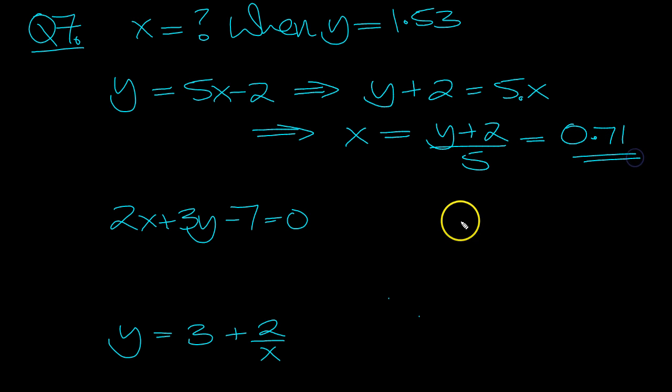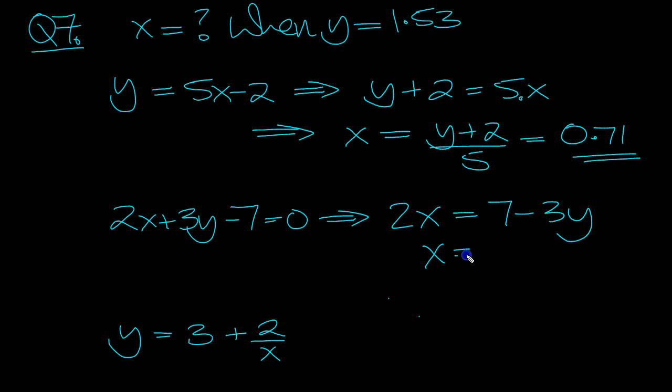2d. Here we need to rearrange for x again. So leave the 2x as is. Move the 7 over. Move the 3y over. Flip the sign, of course. So x will equal 7 minus 3y over 2.